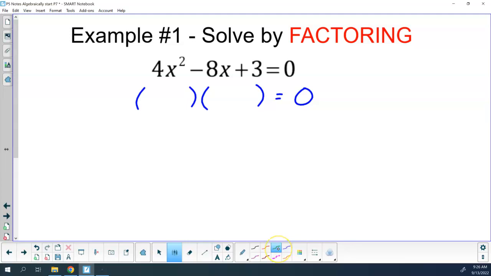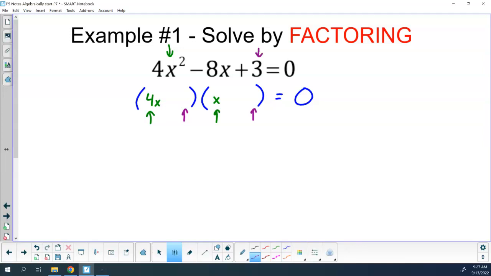So the 2 terms that go here and there need to multiply together to be 4x squared. Okay? So I'm going to try 4x and x. Then these 2 terms here and here have to multiply together to be 3.